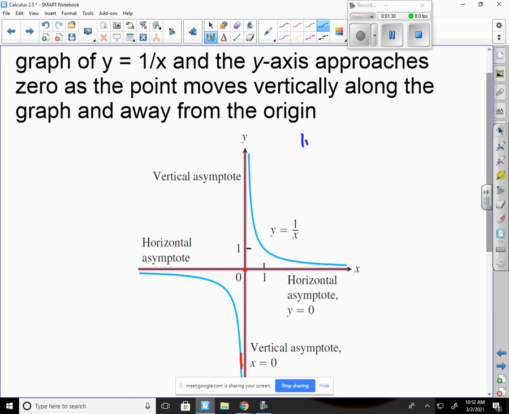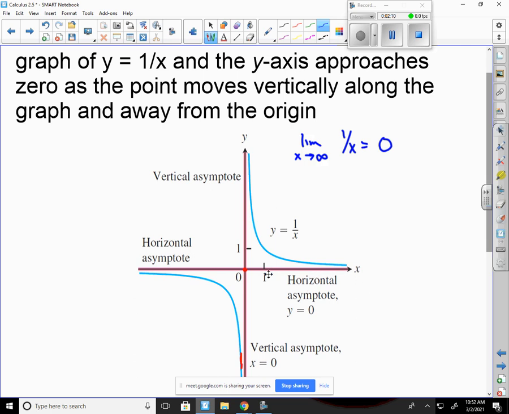And we saw in the last section that the limit as x approaches infinity of 1 over x was 0, because x keeps getting bigger and bigger, and it's 1 divided by that, which makes this keep getting smaller and smaller and closer to 0. So that's how we have the horizontal asymptote.